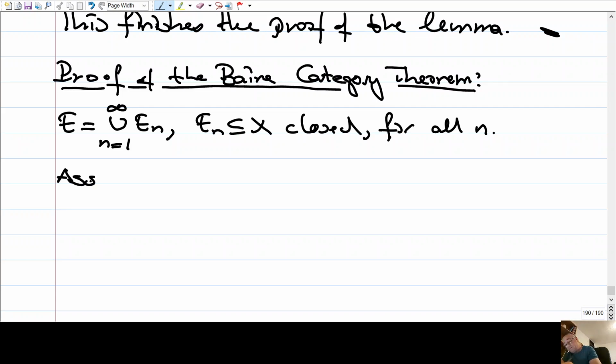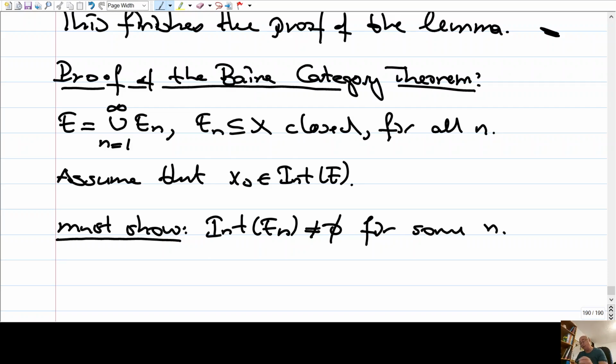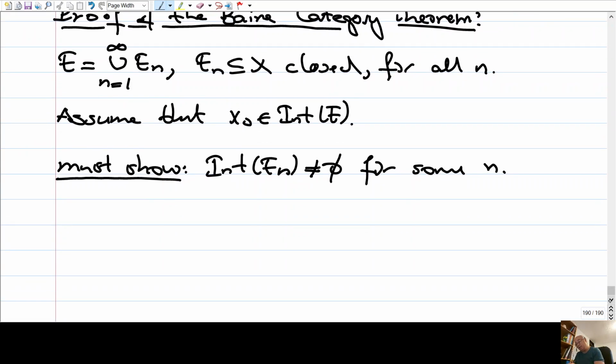Assume that x0 is in the interior of E. So this union has non-empty interior. What we want to show is then one of these En's has non-empty interior. So we must show the interior of En is not empty for some n. Maybe not all of them, but at least one of them should have non-empty interior.